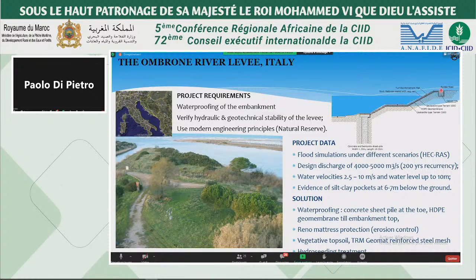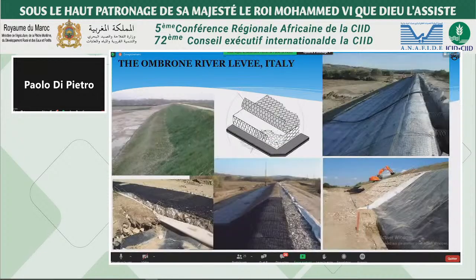On a aussi dû étudier la vélocité des eaux et le niveau d'eau jusqu'à échéance de 10 mètres. Et il a fallu aussi concevoir, par conséquent, des solutions adéquates à ce genre de situation.